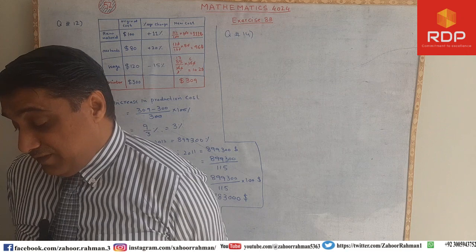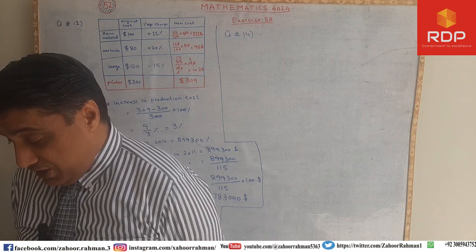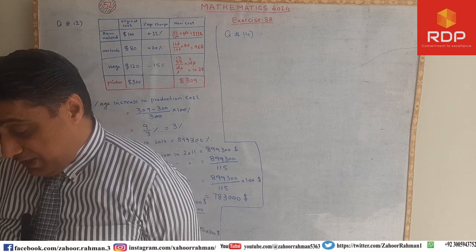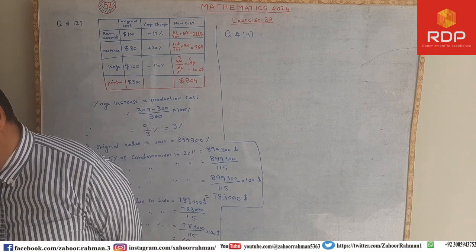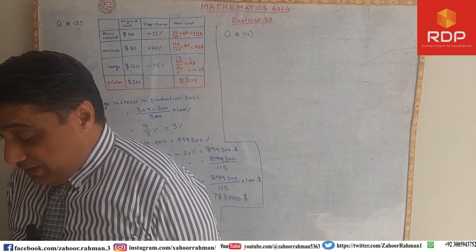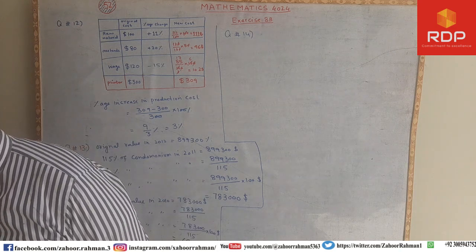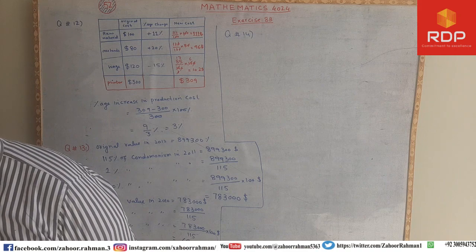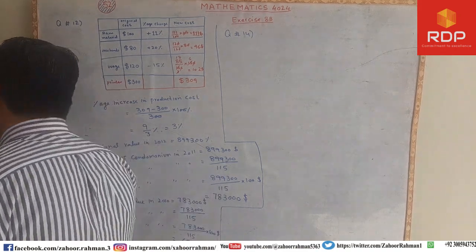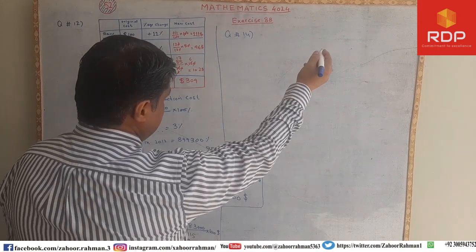If the value of the machine was $11,250 in 2012, find its value in 2010.